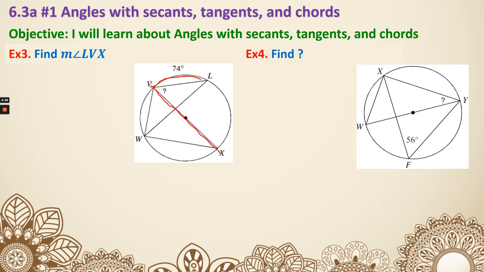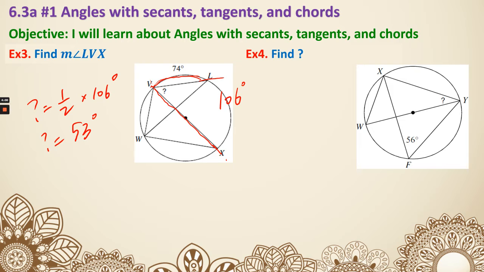Because that's 180 degrees and this part is 74, the leftover is going to be 106 degrees. And the question mark, angle LVX, is facing this arc, which means it's half of 106 degrees, which is 53 degrees. That's example 3.